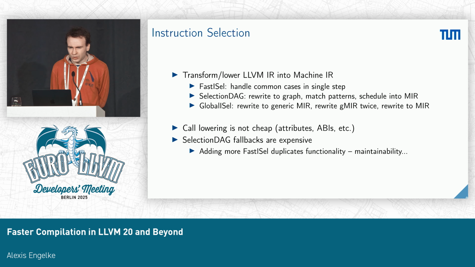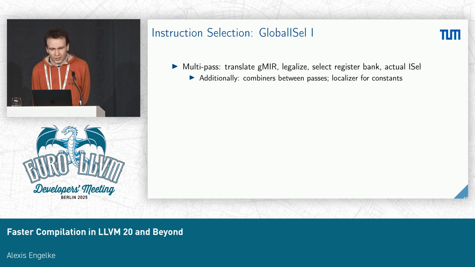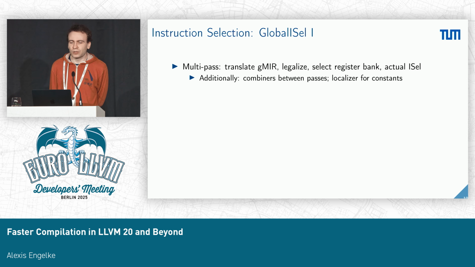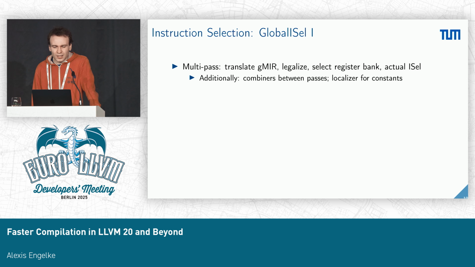Now, I want to talk a bit about GlobalISel, which has seen quite a bit of improvement over the last 2 releases. GlobalISel has a multi-pass approach of translating, legalizing, and instruction selecting, with combiners running in between for some optimizations.